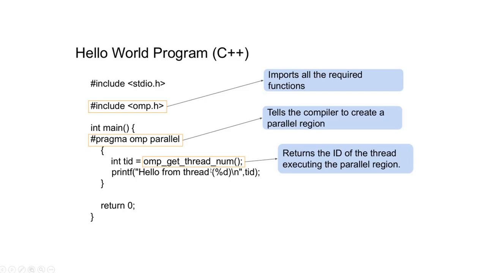Each thread will have its own thread number, which can be identified by omp_get_thread_num. So if it is a 24-core processor on which you are going to run this, you are going to get 24 outputs, something like that.